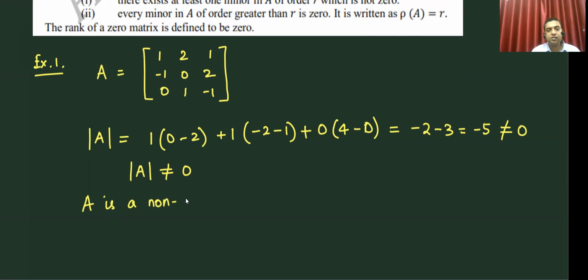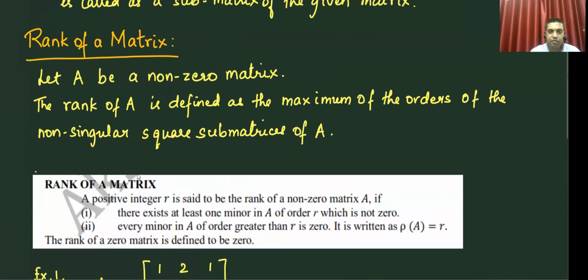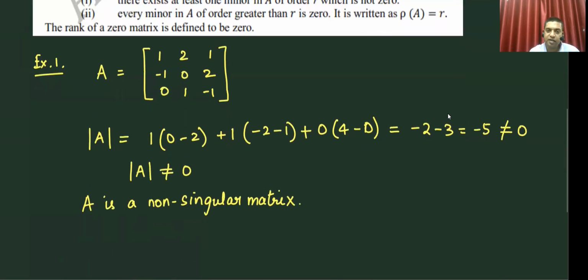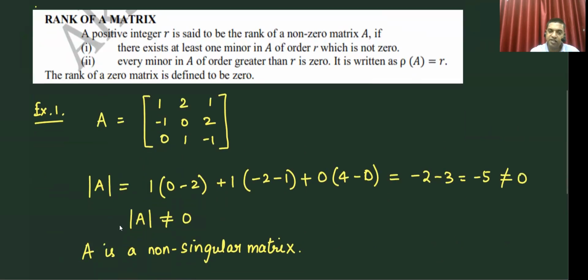A is a non-singular matrix. So we have gone from the greatest order. What is it saying? The maximum of the orders of a non-singular square submatrix of A. First we start with the matrix itself.